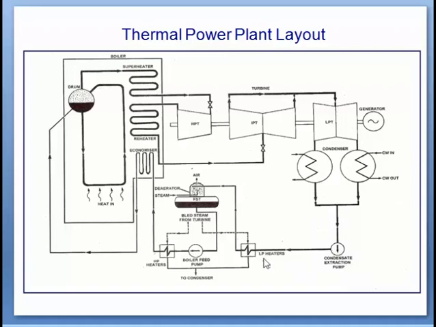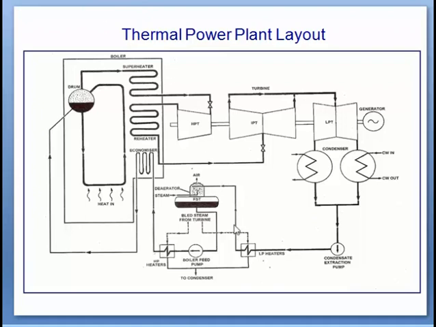Then it is passed through the LP heater, where sensible heating or regeneration takes place. From here it is sent to the deaerator, where by heating the dissolved gases are removed.